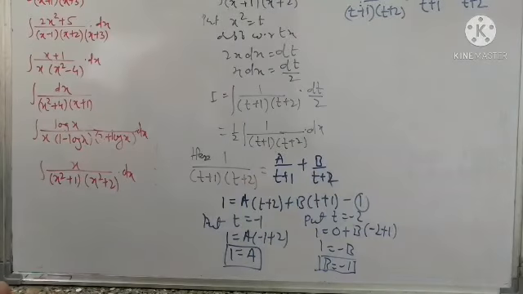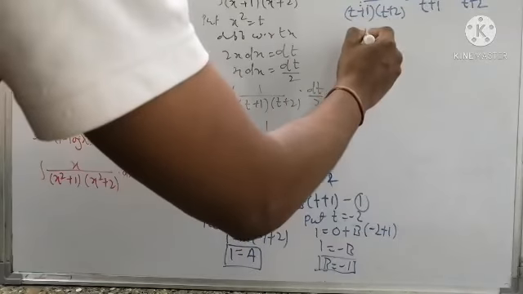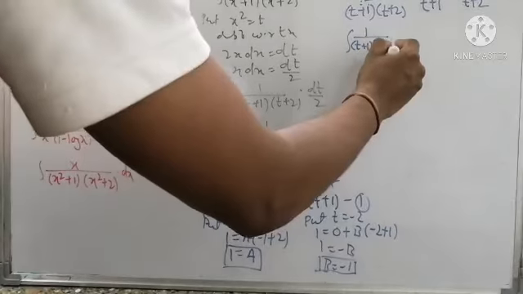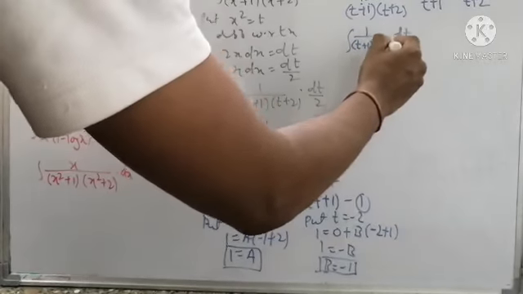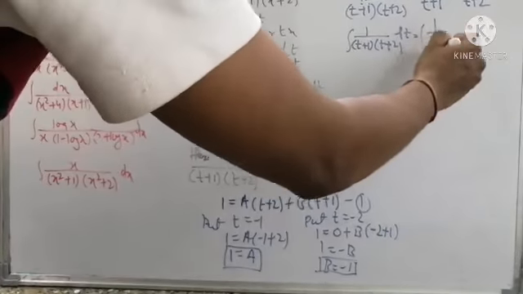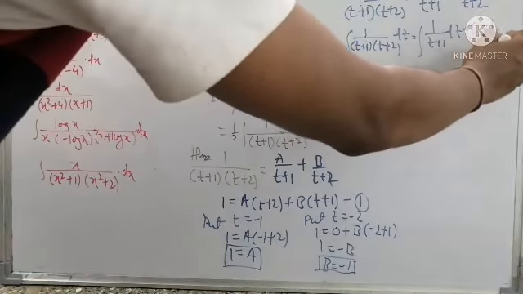Now take integration on both sides to evaluate the integration. So on integration, on the left hand side, 1 upon (t plus 1) into (t plus 2) dt is equal to the integration of the first term 1 upon t plus 1 dt plus the integration of the second term minus 1 upon t plus 2.